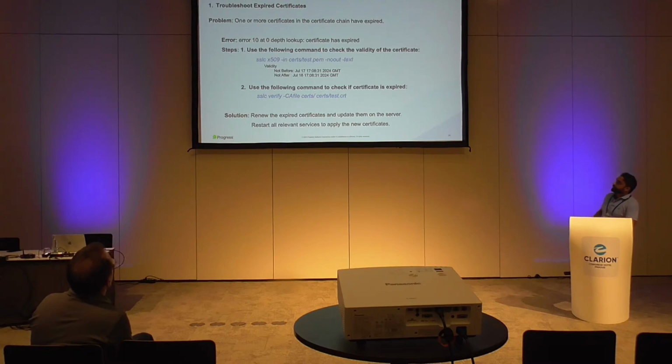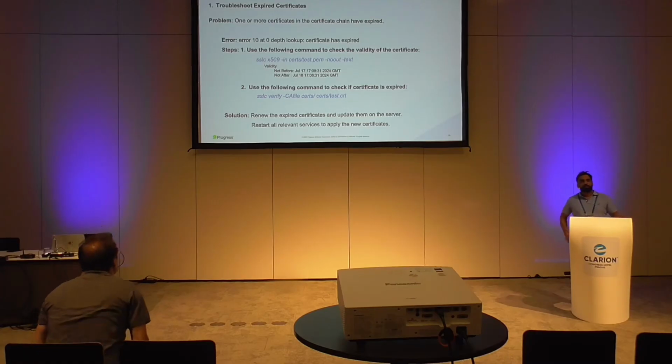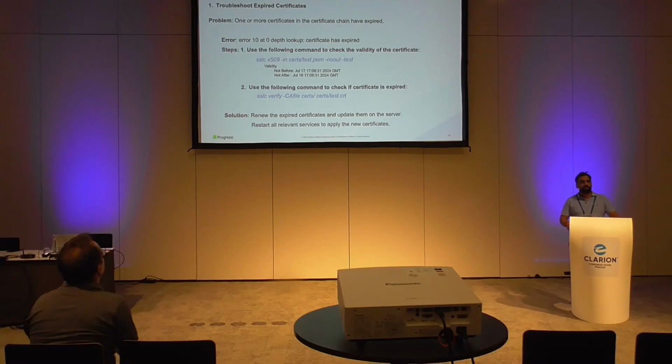The first use case is troubleshooting an expired certificate. In this use case, either one of your certificates or your root CA certificate might get expired, so you should renew it.